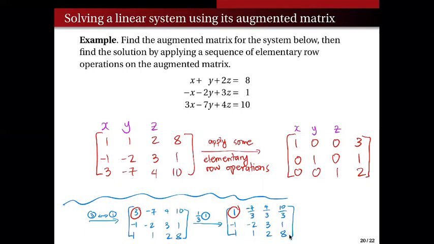Similarly, you will replace the third row by adding something to it using the first row, so that this entry becomes 0. For instance, we can replace the second row by the second row plus the first row.